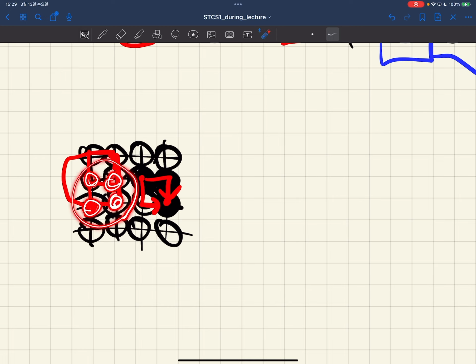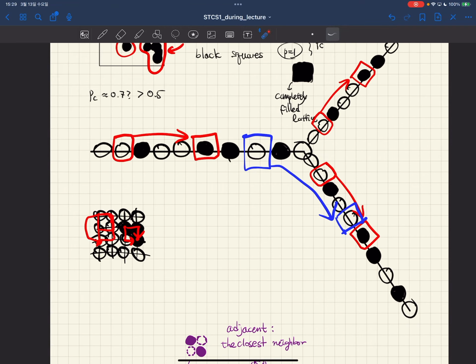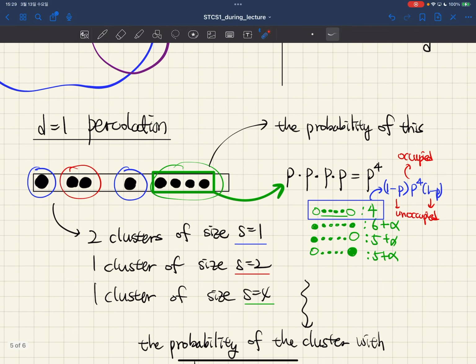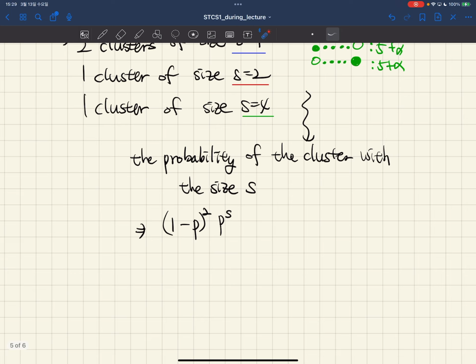You can have this one, or this one, that will remind you of the Tetris block again. But yeah, that's why these problems are so closely related to each other. So because we use this very simple one-dimensional percolation, we can easily have this very general, the most general formula. Yeah. That is an important point.